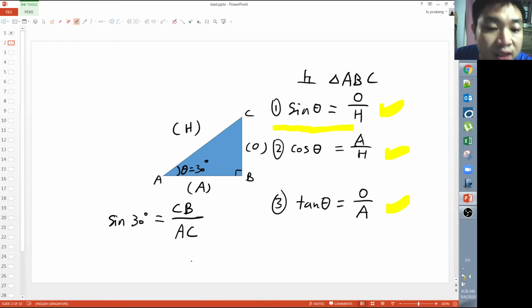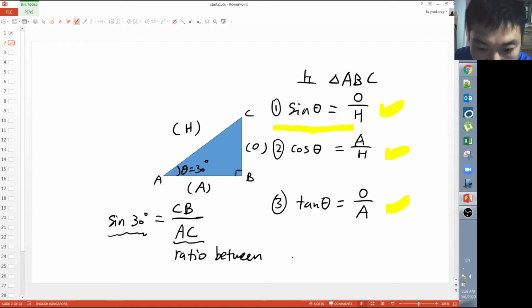Okay, what this means is if you take sine of this angle, you are actually getting a ratio between two sides.